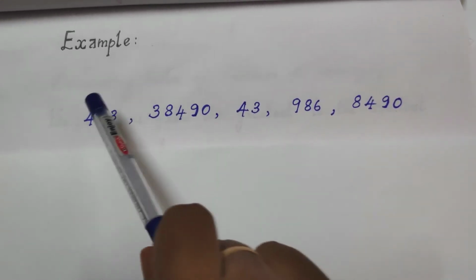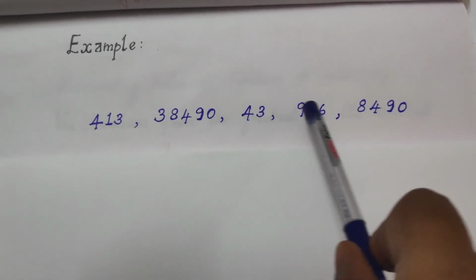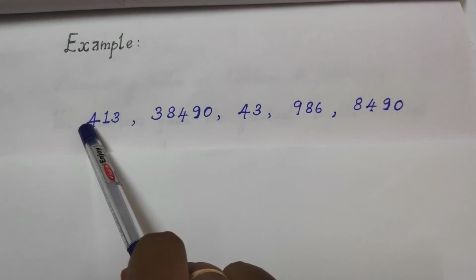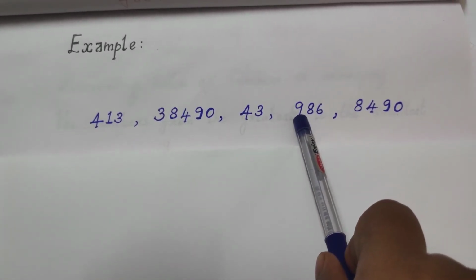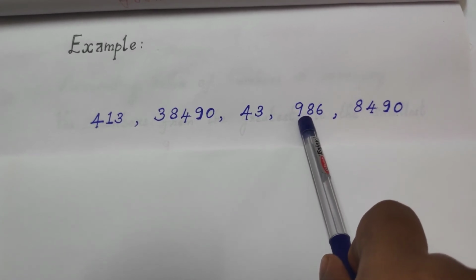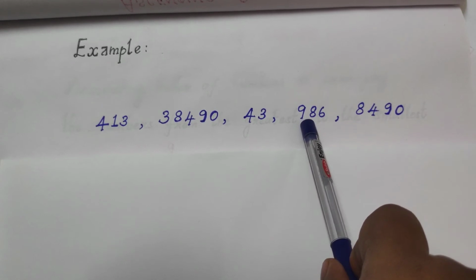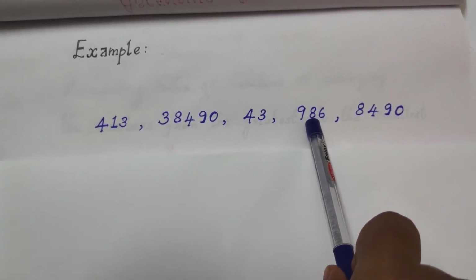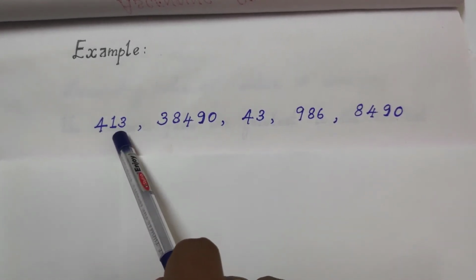Now look at both the numbers 413 and 986. The first number of 413 is 4 and the first number of 986 is 9. Therefore, 4 is smaller than 9. So, after 43, we will write 413.